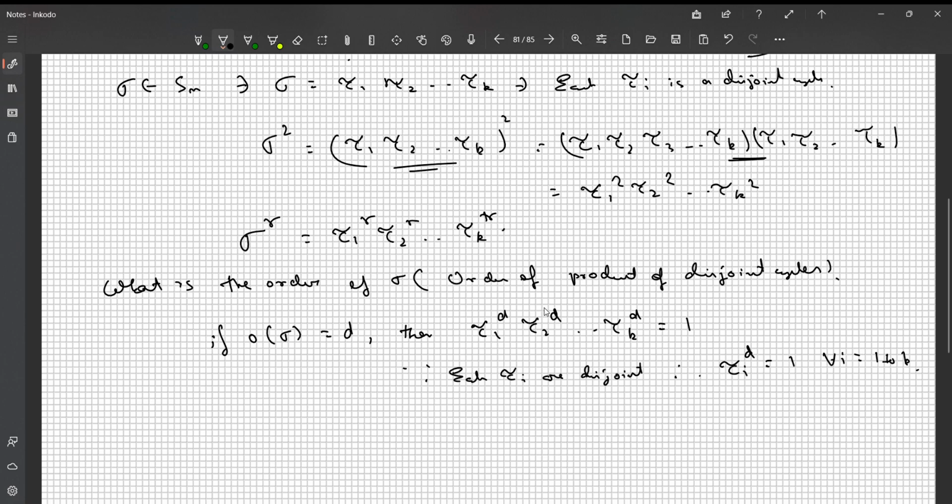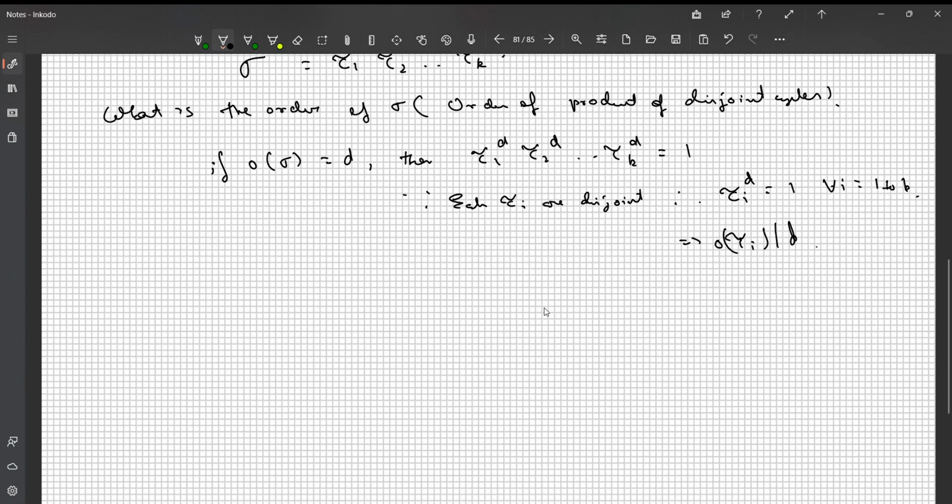Because by the same thing we just discussed previously, since tau i and tau j have no relation with each other, their product is independent of them mixing together. Their product just depends on each tau i and tau j. So for the product to be identity, both of them individually need to be the identity, right? So tau i to the power d must be 1.